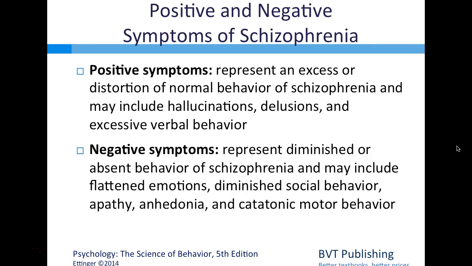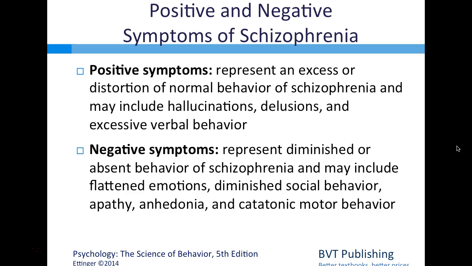Okay, different symptoms of schizophrenia. There's positive and negative, okay? Positive symptoms represent an excess or distortion of normal behavior of schizophrenia and may include hallucinations, delusions, and excessive verbal behavior. On the other side, negative symptoms represent diminished or absent behavior of schizophrenia and may include flattened emotion, diminished social behavior, apathy, and anhedonia, and catatonic motor behavior.